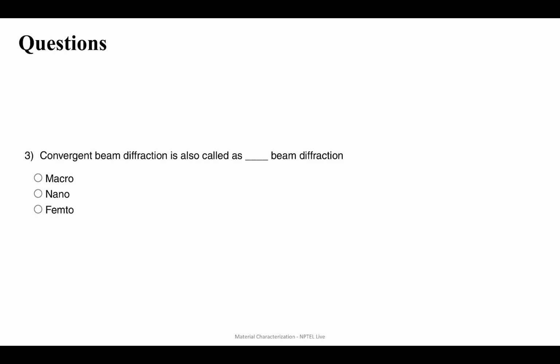Convergent beam diffraction is also called dash beam diffraction: macro, nano, femto.